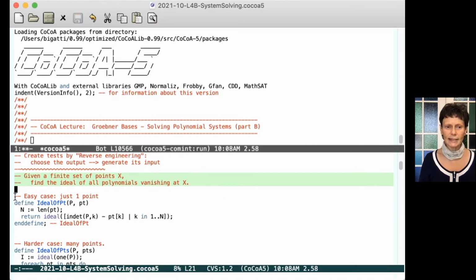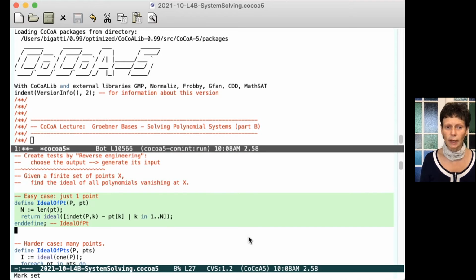The easy case is just one point. So say that we want the solution 3, 4, 5, and then the ideal giving that solution is generated by x minus 3, y minus 4, and z minus 5. I get the point 3, 4, 5.